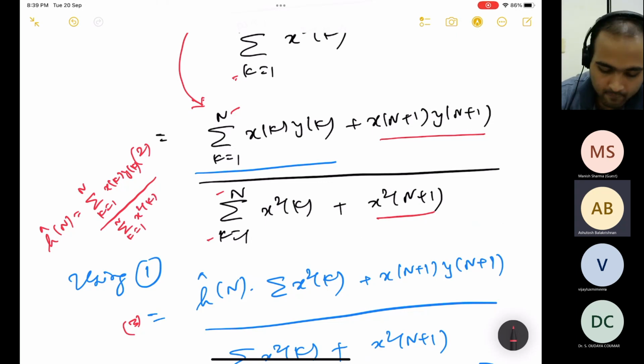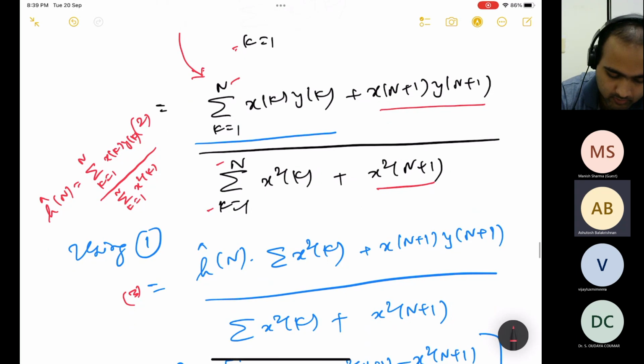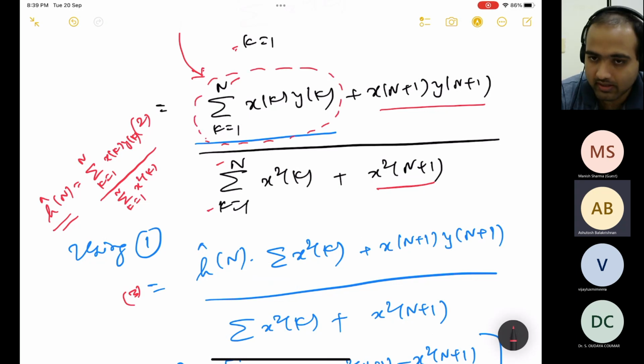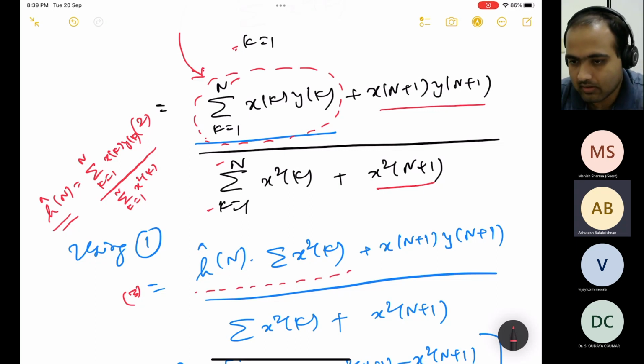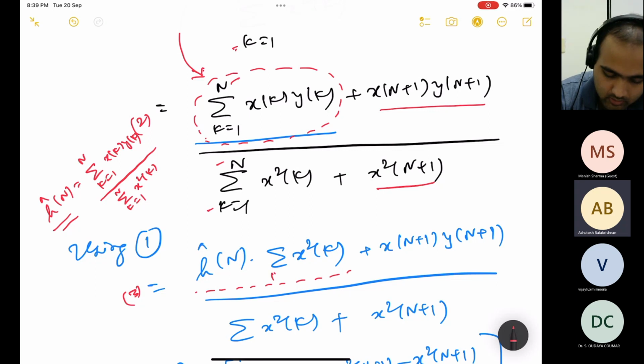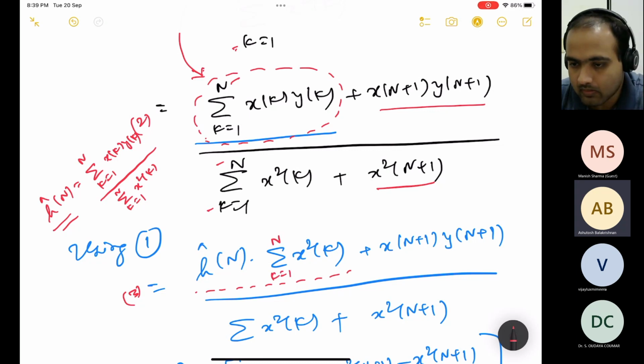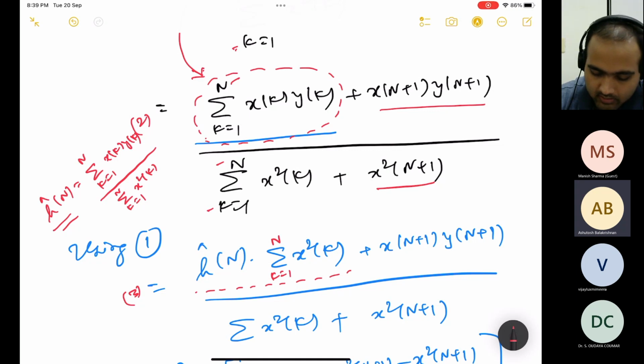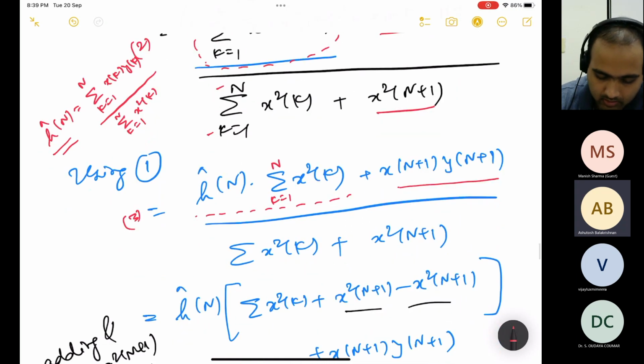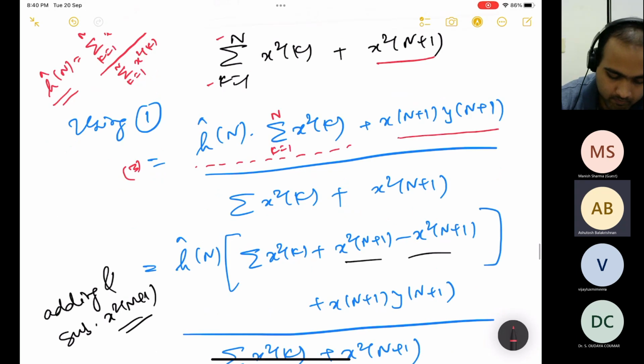So if I use this expression of h hat n, I can replace the summation xk yk by h hat n times the summation of x square k, where k is 1 to n. Any confusion in this step? And my x n plus 1 y n plus 1 remains as it is. I'm not touching my denominator in step 3.